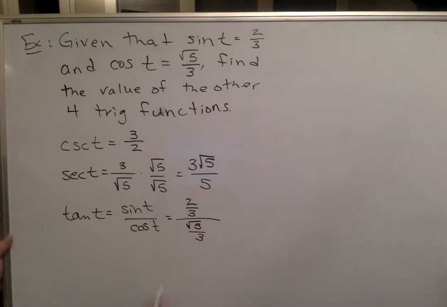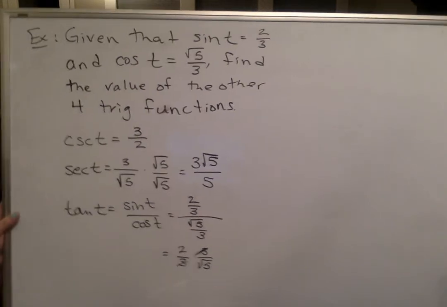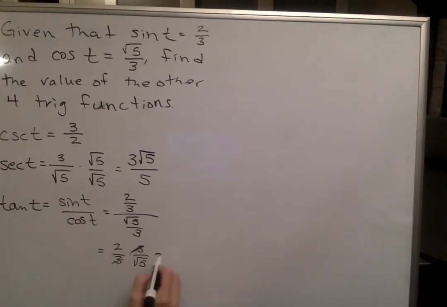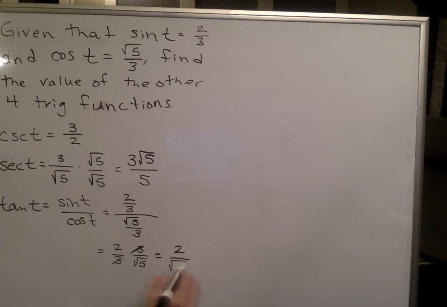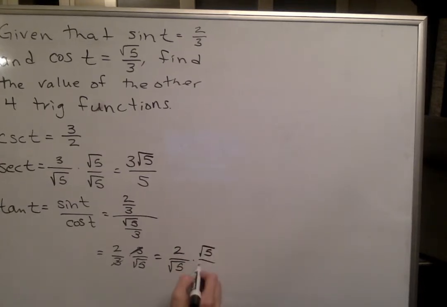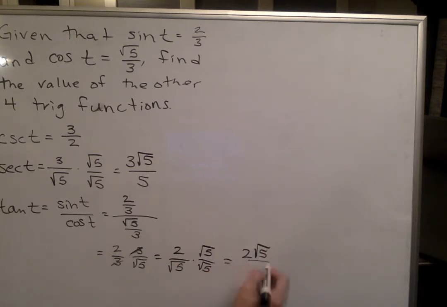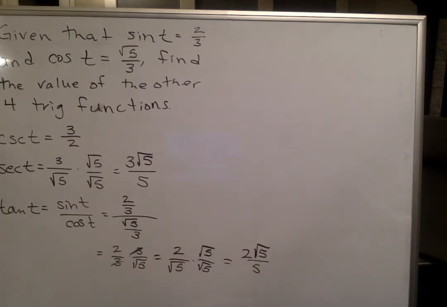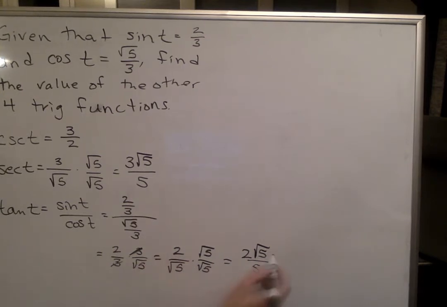Then we will multiply by the reciprocal. We could do some canceling. We end up with 2 over the square root of 5, which has to be rationalized, so we multiply by square root of 5 over square root of 5 to get 2 square roots of 5 over 5. Okay. So there's our tangent.